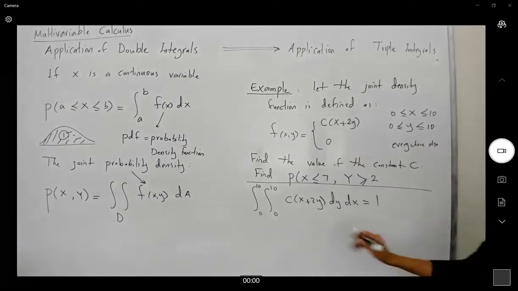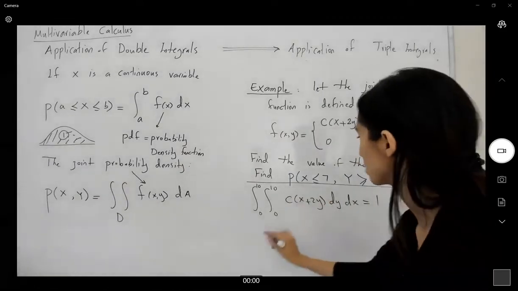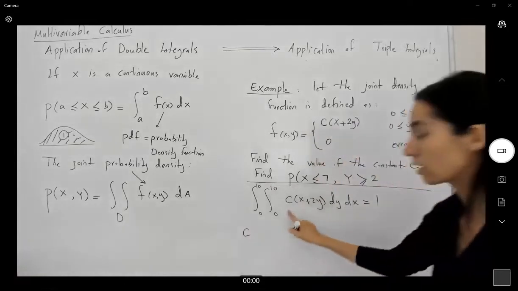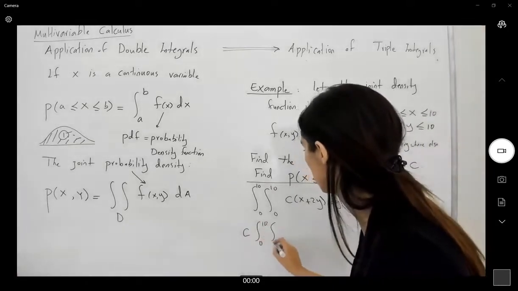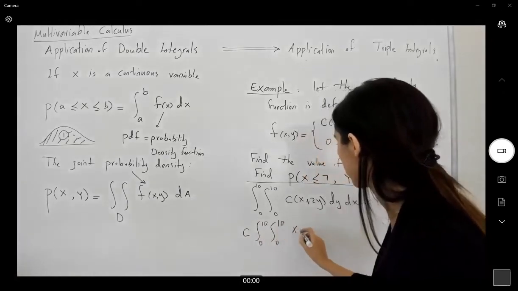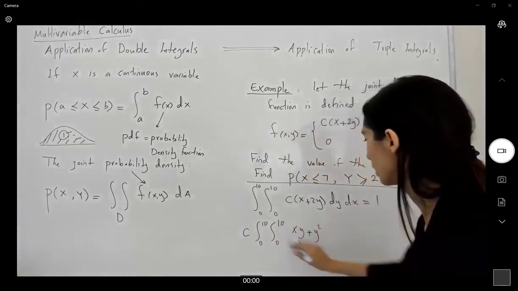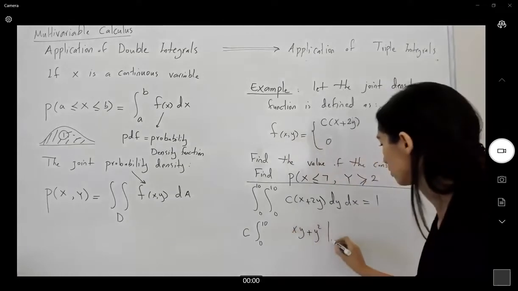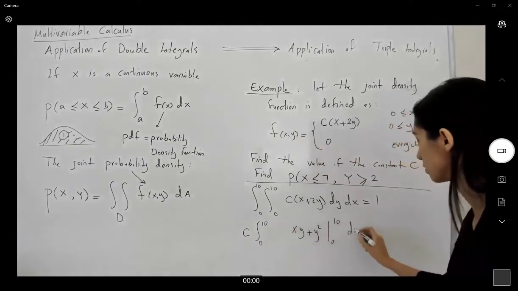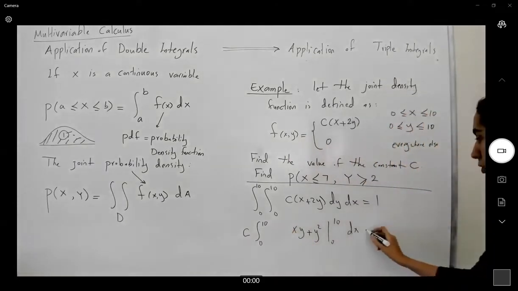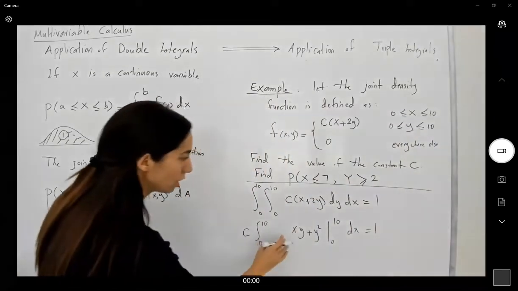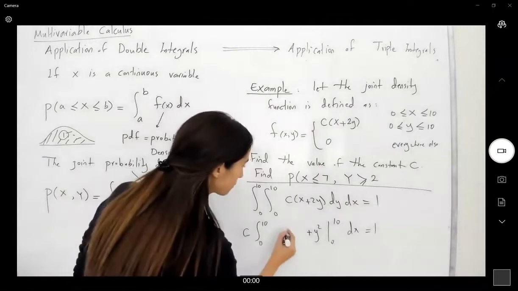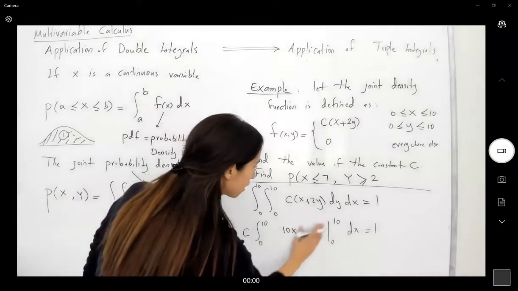If I take the integral with respect to y, I can write this c as a constant outside the integral, and get xy plus y squared from 0 to 10. This is equal to 1. So this inner integral is 10x plus 100.